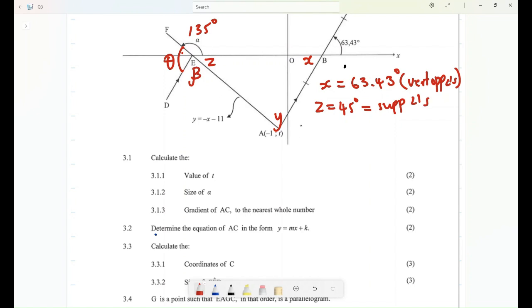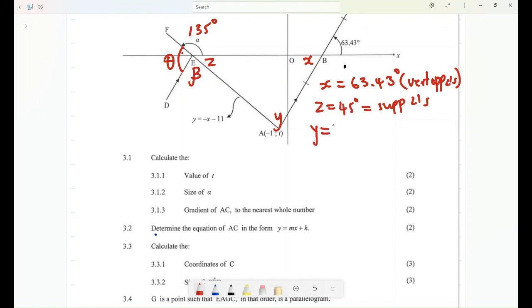What I can do now, if I can get B, which is the same as Y in this case, use corresponding angles, I can get that. Let me see if there is no easier way, because this one looks long, but no, it's fine. Let's continue. Then let me get Y, okay?